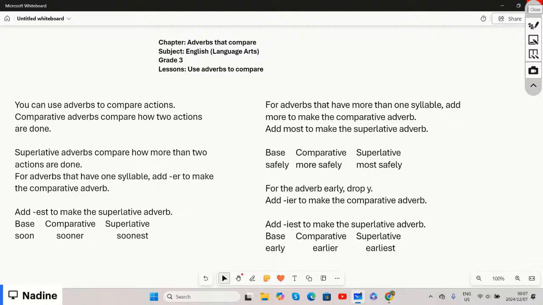And when it comes to adverbs that compare, we can use adverbs to compare actions.